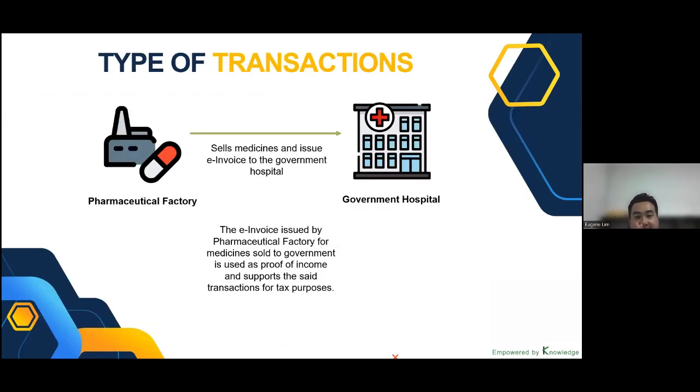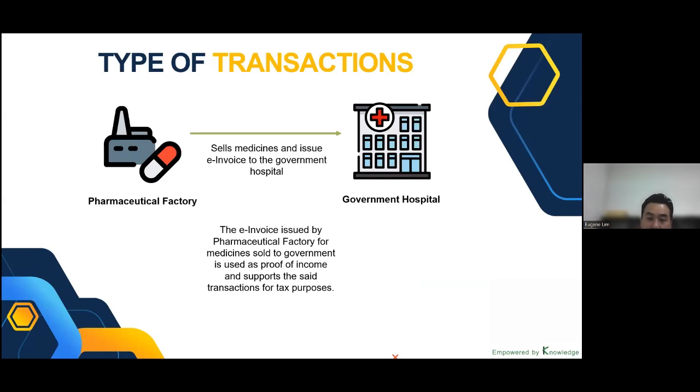So, okay, this is an example like we just talked about. B to G: when you are a pharmaceutical factory selling medicines to a government hospital, you are required to issue e-invoice. It's to prove the income. So this is a transaction you need to take care of. It's also used to support your income tax purpose.